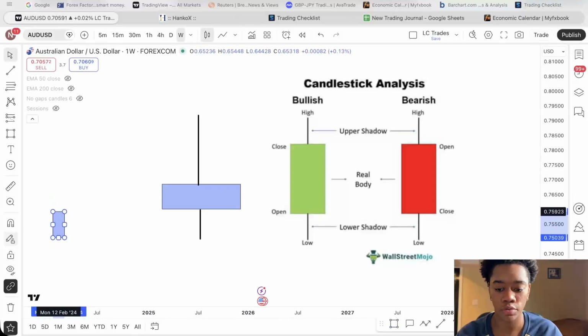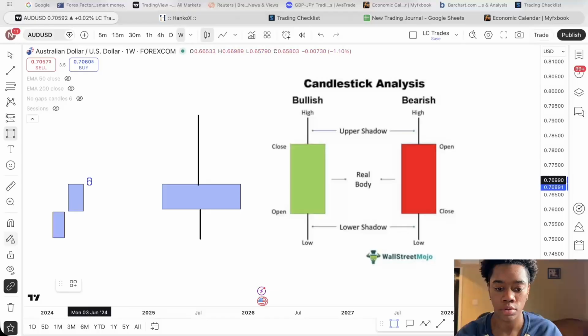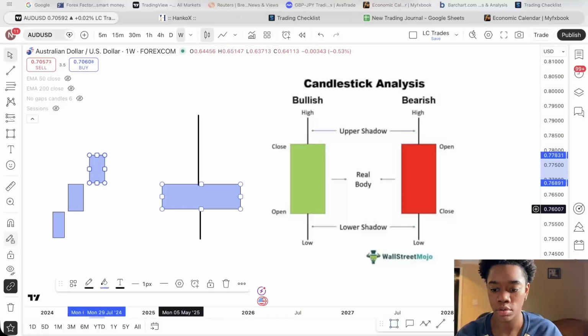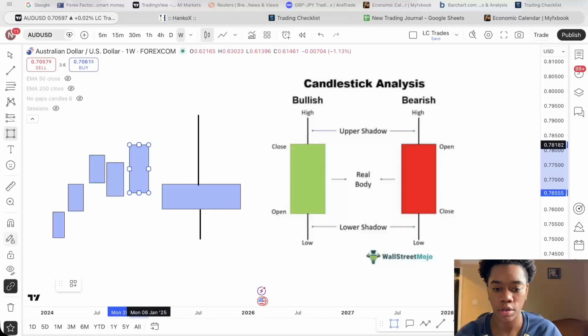Make this a little smaller. It's going to look something like this. I'm going to try and draw it as realistic as possible. Like I said, I need you guys to get a good understanding of this visually.